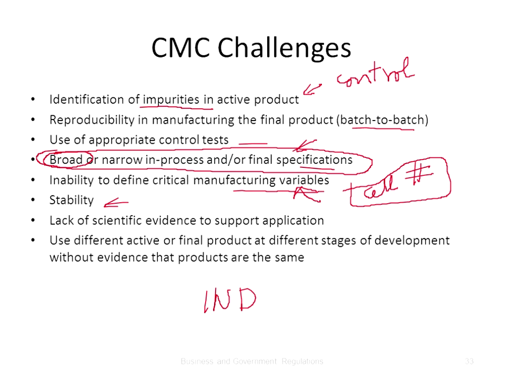Because when you are doing NDA or BLA, you have characterized the process sufficiently. But for IND, there is often a lack of scientific evidence to support your application. So you have to make do with what information you have, but at the same time, convince the FDA that your product is safe enough to go into human clinical trials, right?